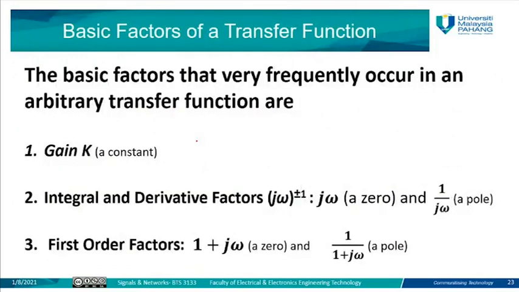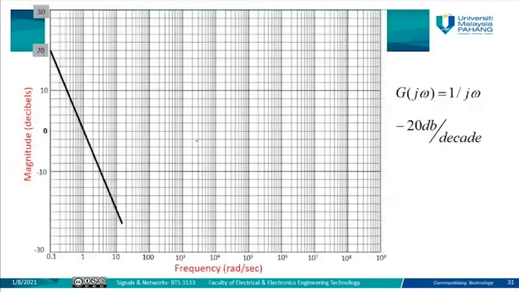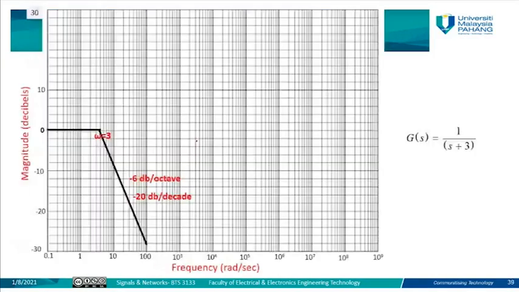So based on this criteria, we need to identify the components of our transfer function. What is the gain? What are the integral or derivative factors? What are the first order zero or first order poles? So we refer back to the example here.